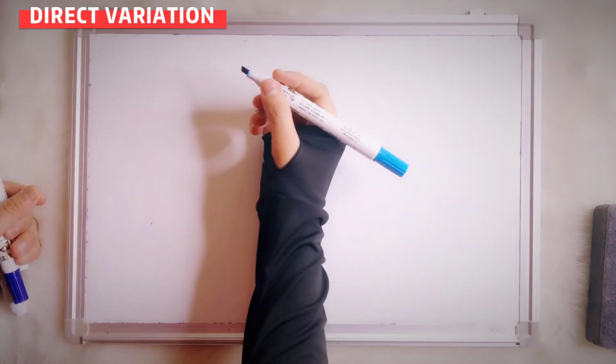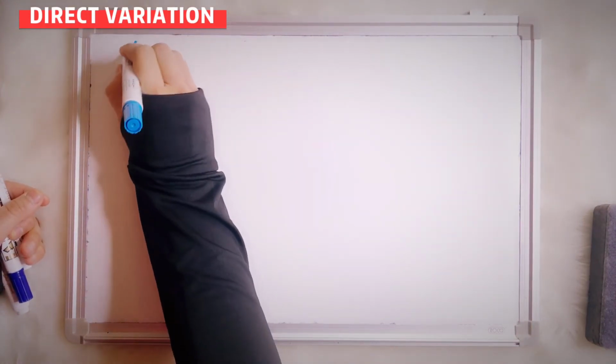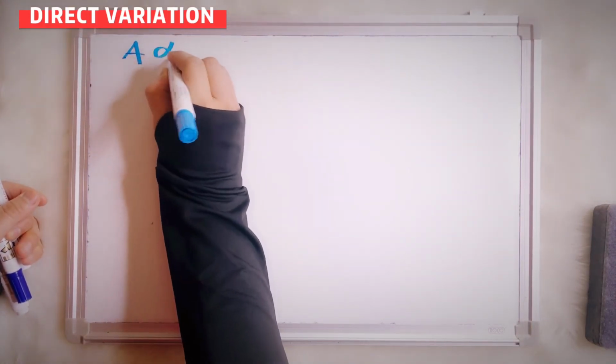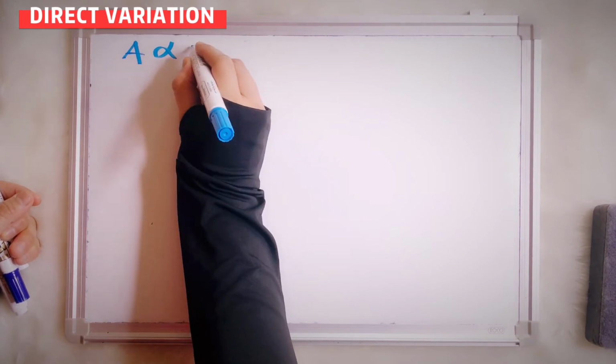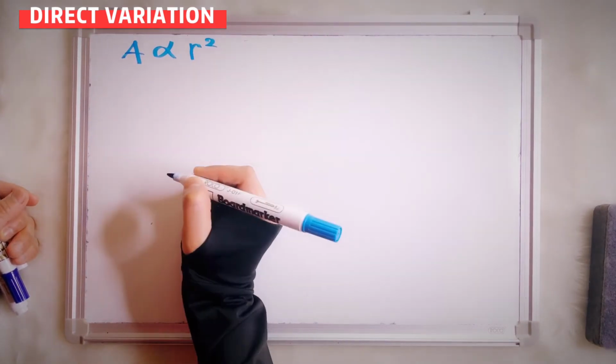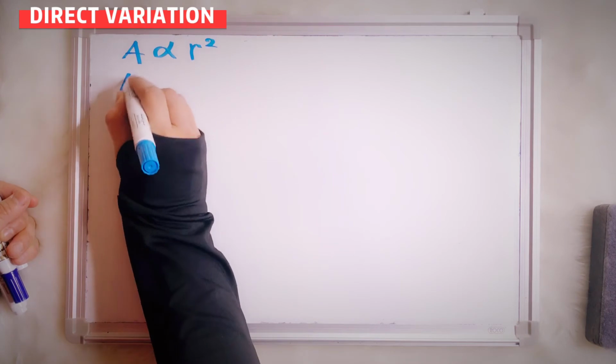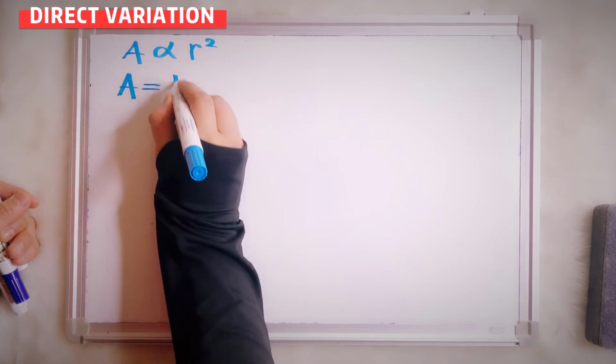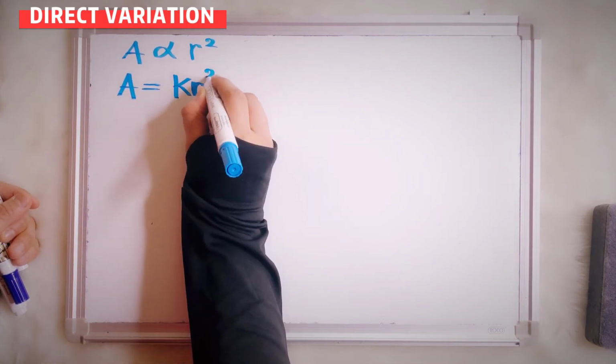Okay. So now, okay. So let's say A varies directly as r square. Okay, so that means A equals k r square.